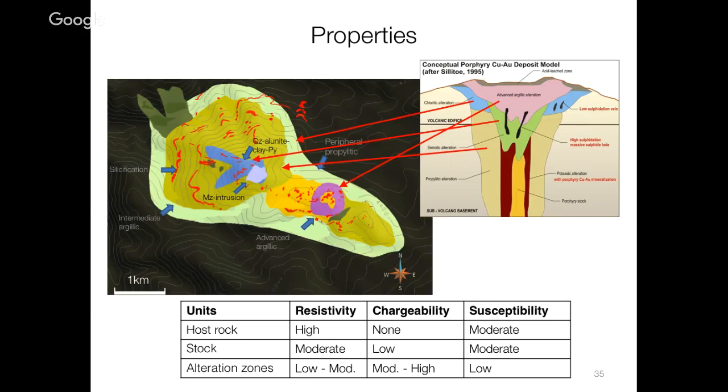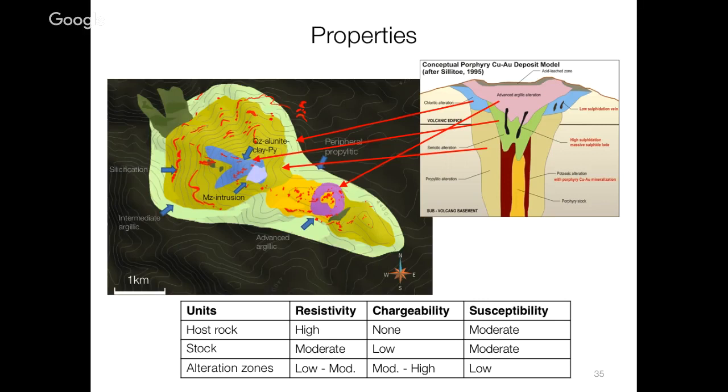And we're going to concentrate on the resistivity. I'll mention chargeability. We're actually not going to get to IP until tomorrow, but the host rock is very resistive. The stock is maybe moderate resistivity, and the alteration zones are low to moderate.